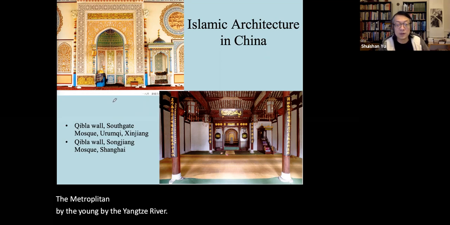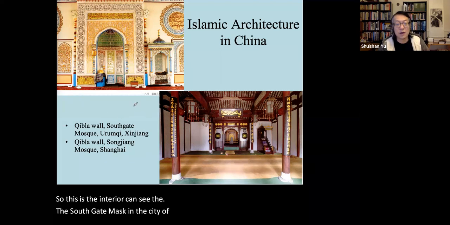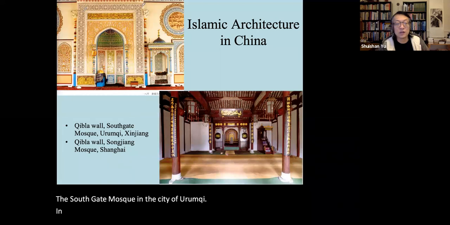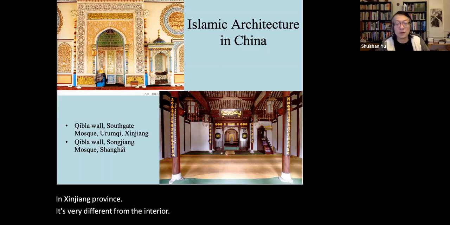So this is the interior. You can see the South Gate Mosque in the city of Urumqi in Xinjiang province is very different from the interior of the Songjiang Mosque in Shanghai.